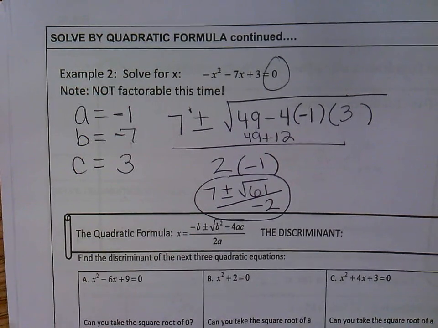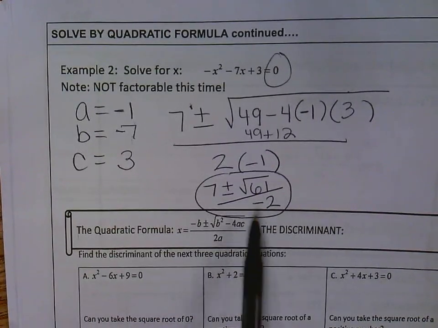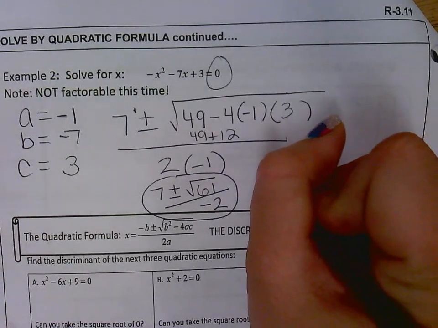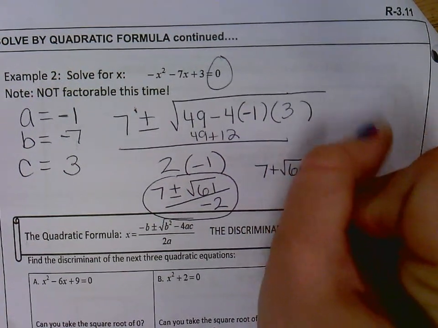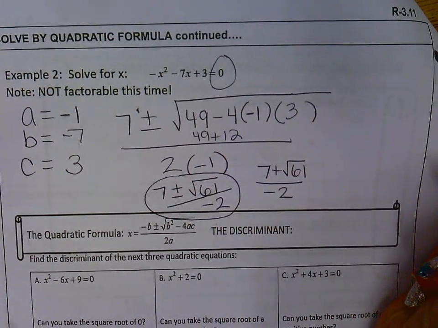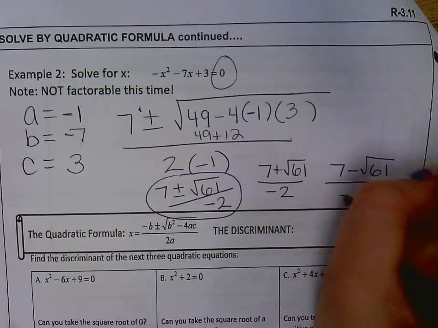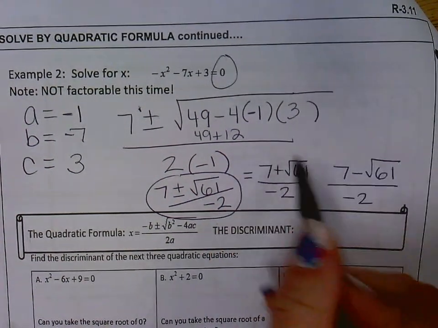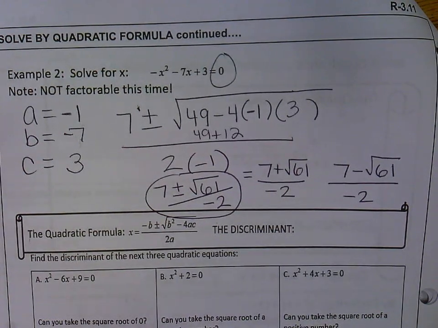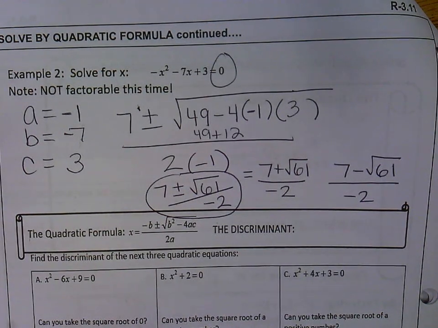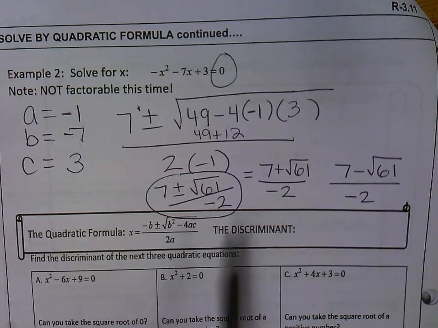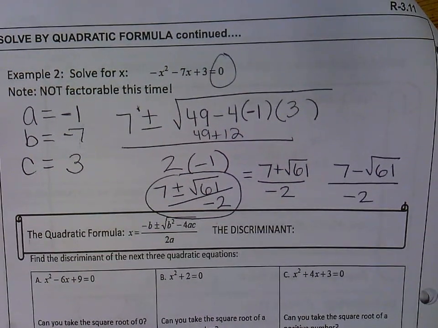So if you had to type this in and find the decimal answer, you would want to type in 7 plus the square root of 61 divided by 2, 7 minus the square root of 61 divided by 2. Let's find the decimal answers as well, because on a test, you might have multiple choice, and I might not give the answer in that format.